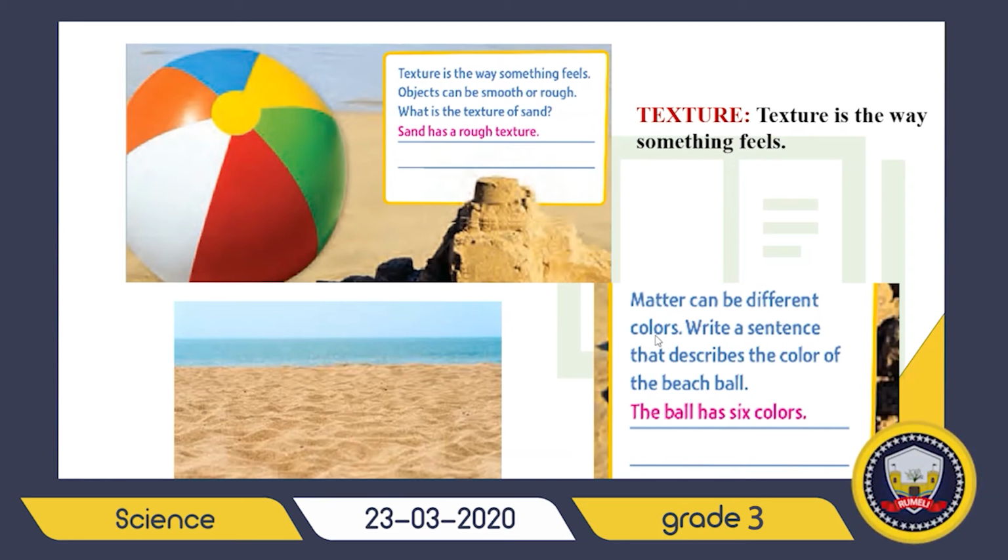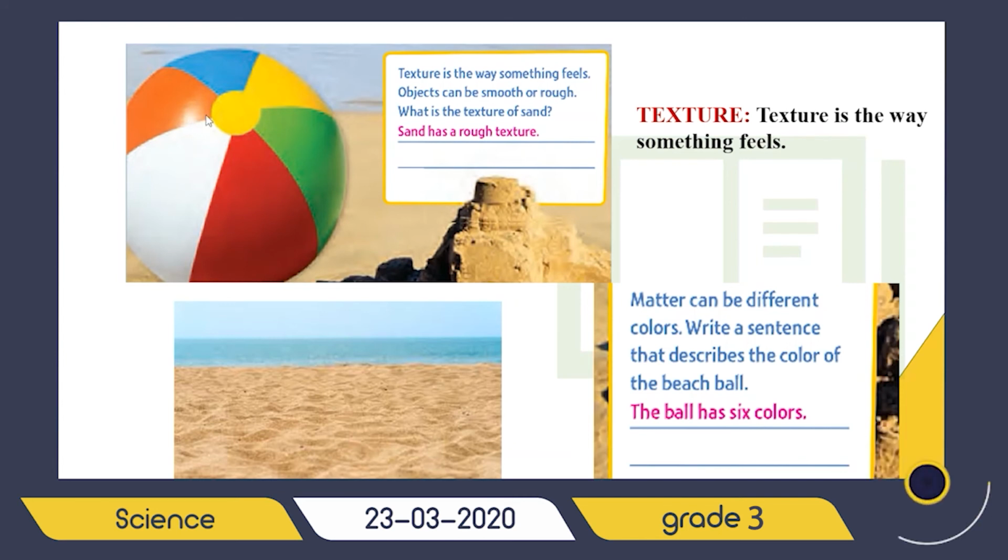So what about color? Matter can be different colors. Write a sentence that describes the color of the beach ball. Check our beach ball in the picture. I know it has red, green, yellow, blue, orange, and white. So how many colors did I count?